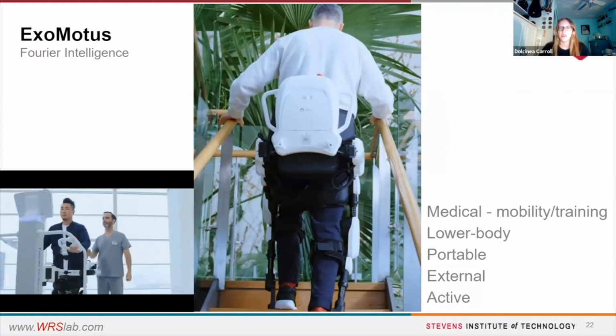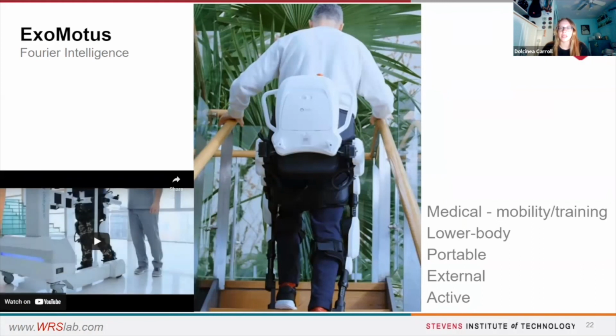It has no fixed location, so we can safely classify this as a portable device. Unlike the majority of portable devices, this exoskeleton is classified by an external force due to the foot plates that directly transfer the weight to the ground. It is also an active device because of the major use of motors to power the joints.